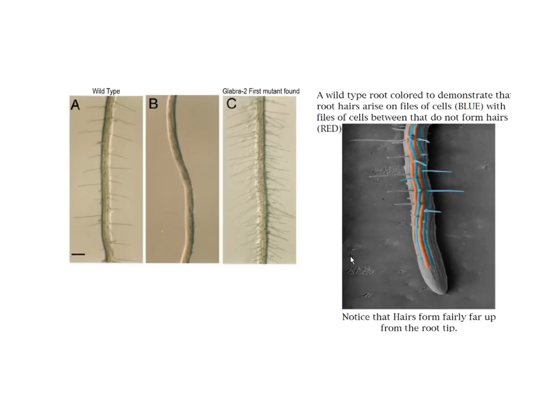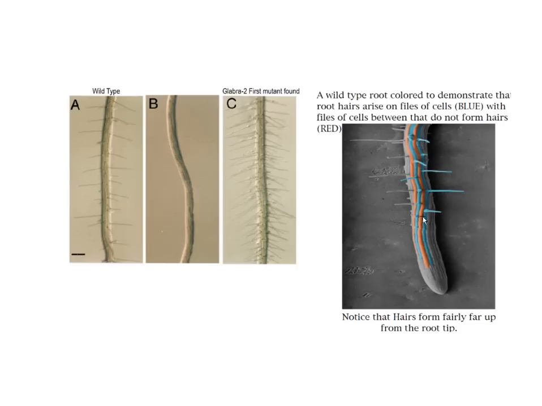mutations that rendered the plant incapable of a normal pattern of epidermal cell differentiation. What is that pattern? Well, you'll notice that not every cell is a root hair cell, not every cell is a non-hair cell.